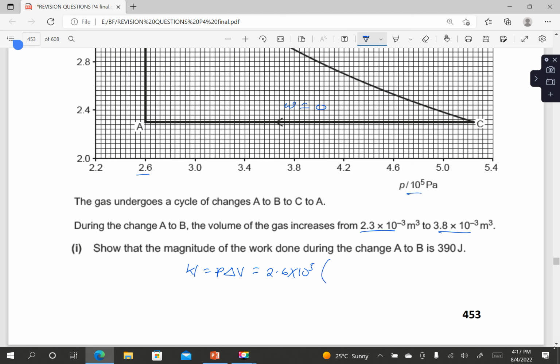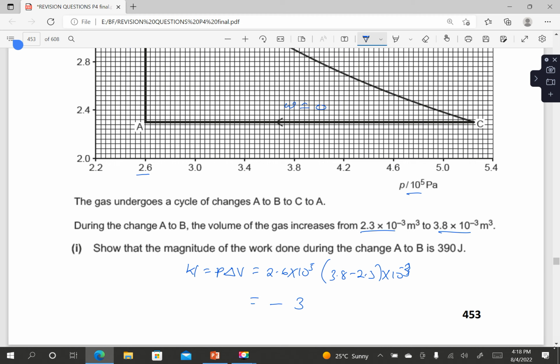Now notice that the volume is increasing, so this work done is going to be negative. So I can just say 3.8 minus 2.3 times 10 power negative 3, but I know in my mind that this work done is going to be negative. So this is negative 300. This is 3.8 minus 2.3 times 2.6 exponent 5.